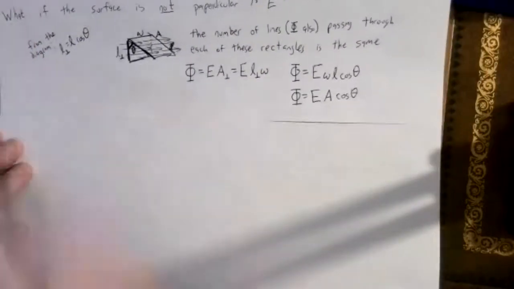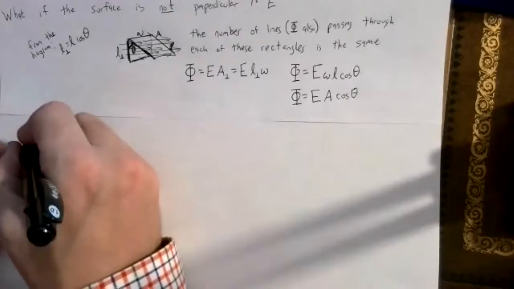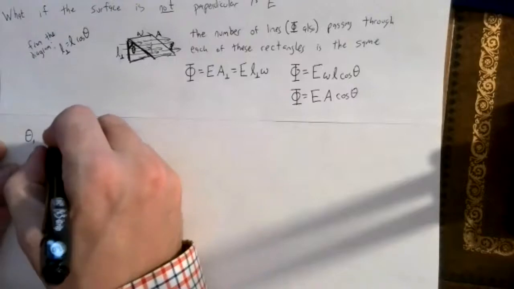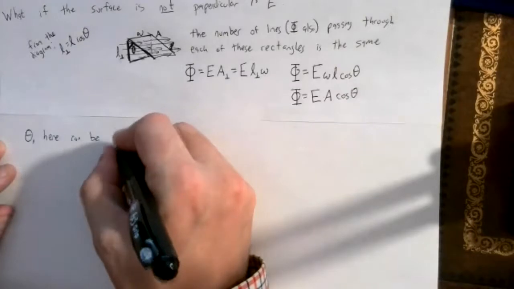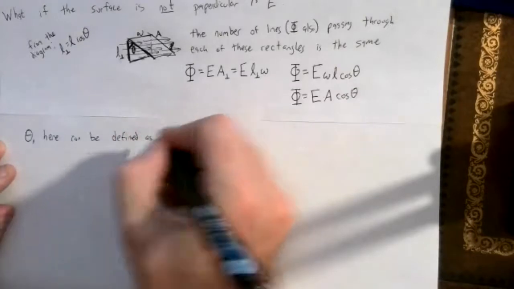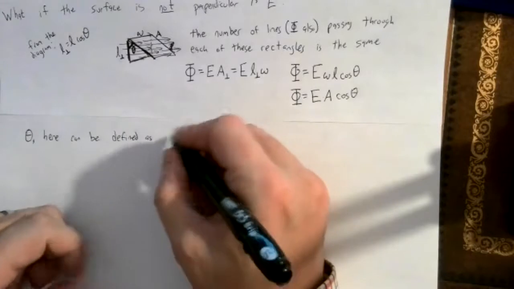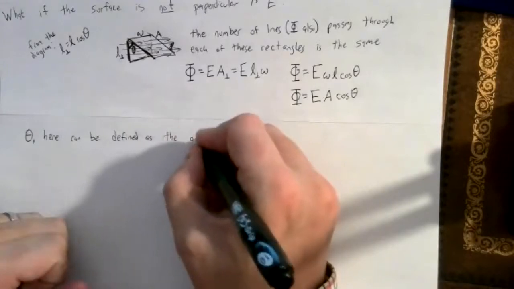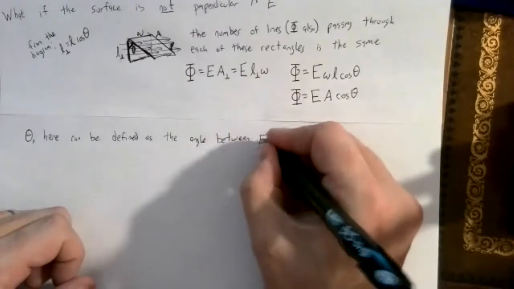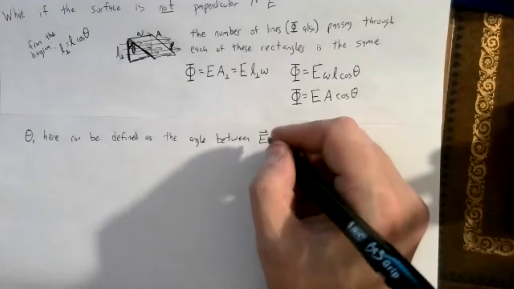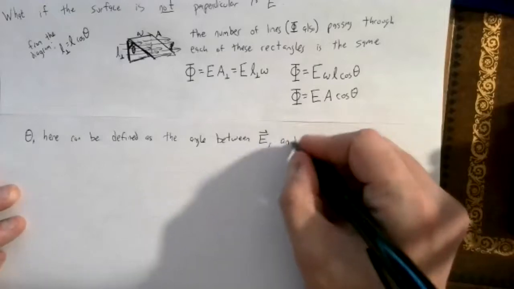So basically theta here can be defined as the angle between E, the electric field, and a vector that's normal to the surface.